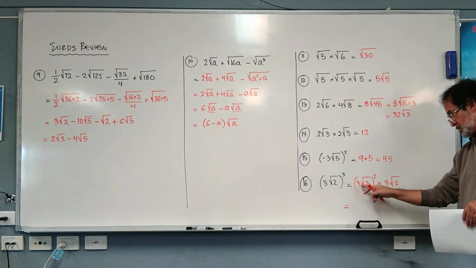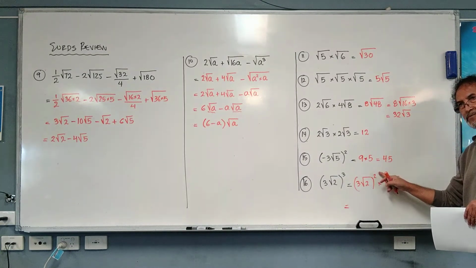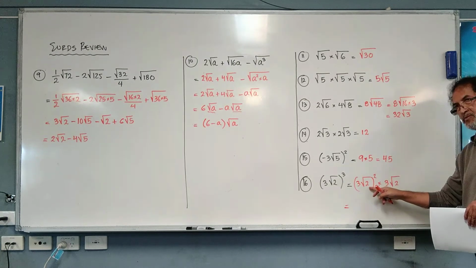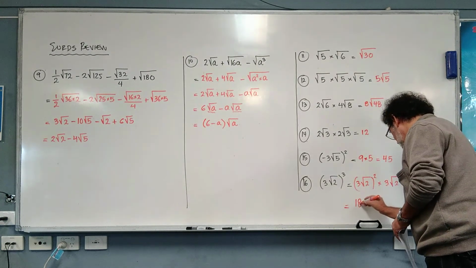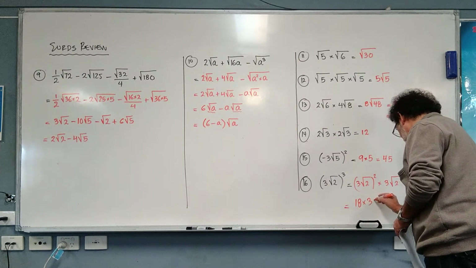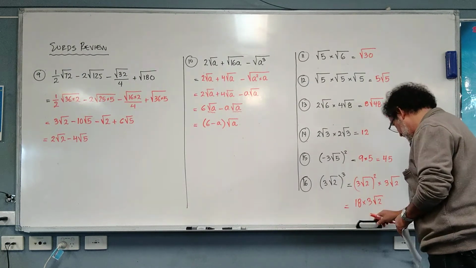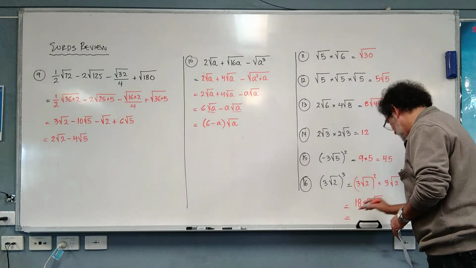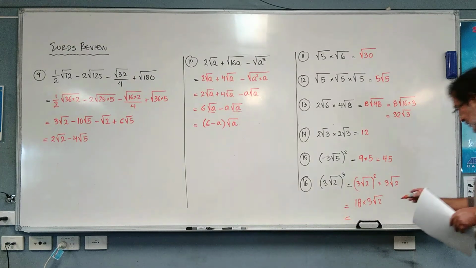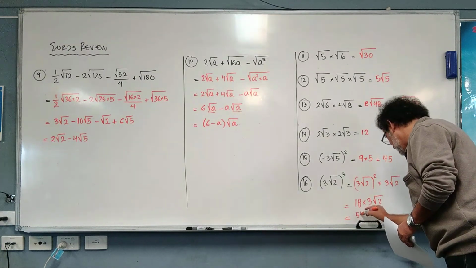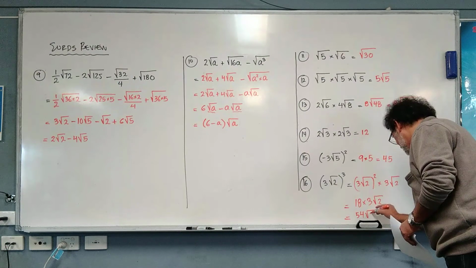Okay, so 3 squared is equal to 9, and then 9 times 2 is 18. So we're going to have 18 times 3 square root of 2. So the final answer, what's the answer for 18 times 3? 54. So it's going to be 54 square root of 2.